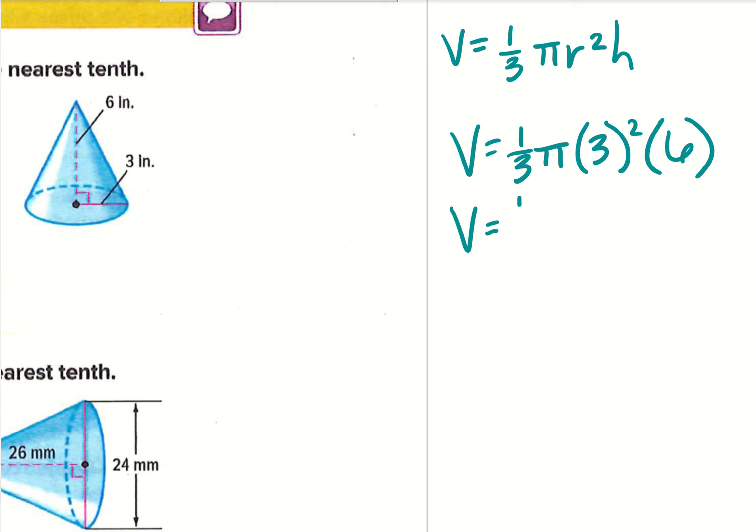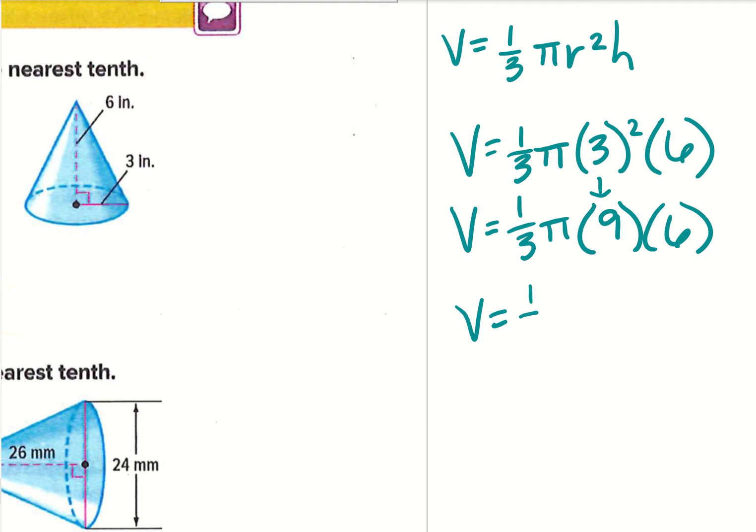Just like with cylinders, I now need to find the square first. That's my first step. And we have 9 times 6 there. Then I'm going to do 1/3 pi and simplify. 9 times 6 is 54. From here, I'm going to find 1/3 of 54, so I'm going to divide that by 3, and that should give us 18.